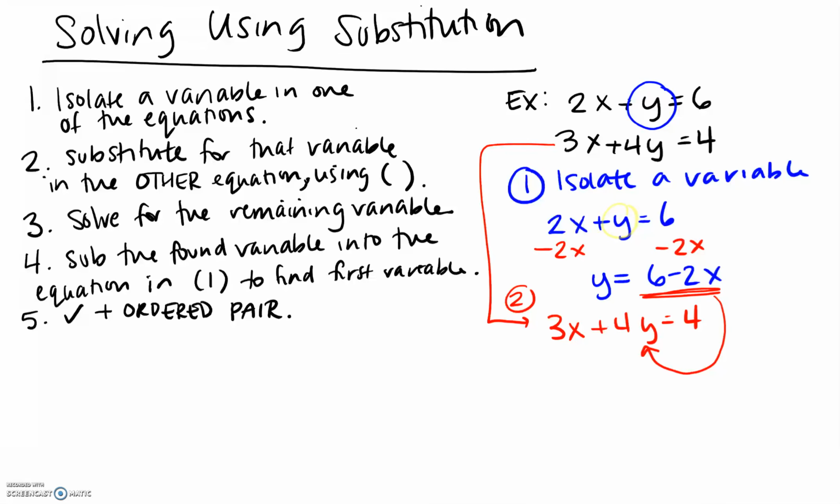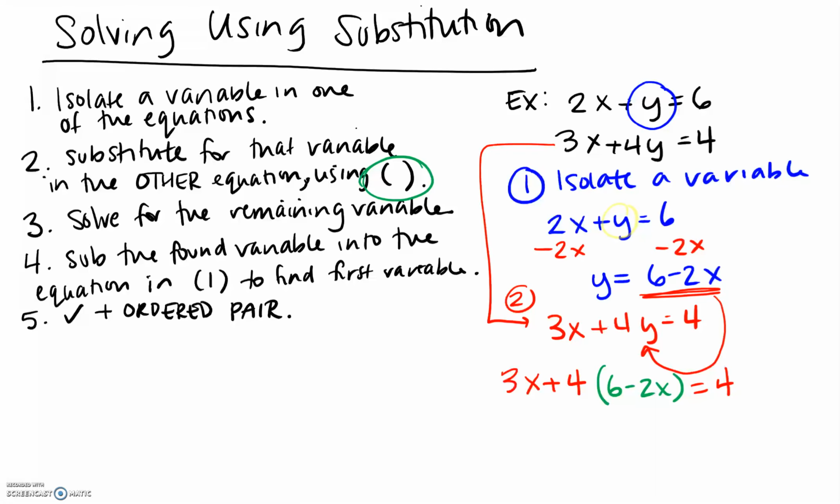That's the substitution part of this entire solving using substitution. This is it. So when we write this down, 3x plus 4, you'll see here in the steps, I made sure to say using parentheses. So when you sub in, make sure you use parentheses because this is 4 times the entire y. So this whole thing needs parentheses around it, and this is all equal to 4.